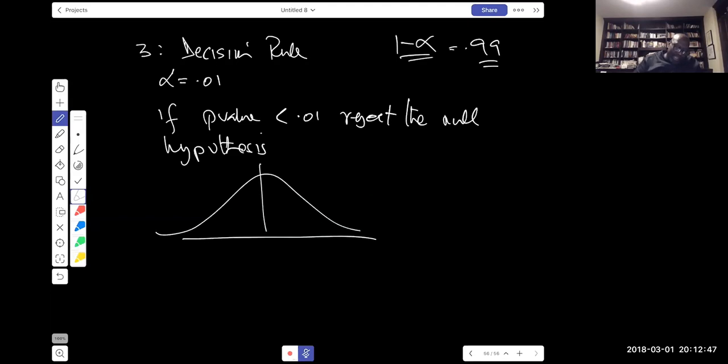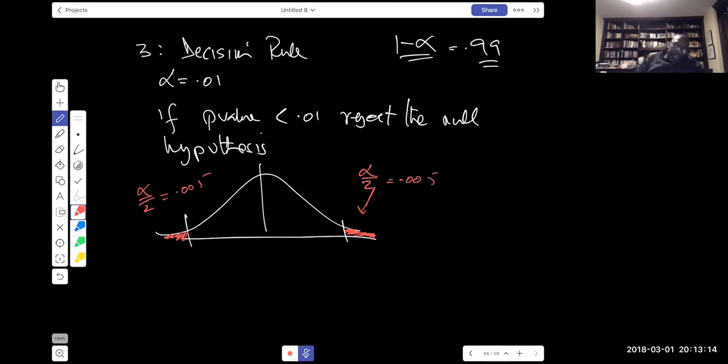So in that case, we would say, here's the rejection region in the tails, and these rejection regions would be alpha over 2, in which case it's 0.005. When I divide 0.01 by 2, it gives me 0.005. Make sense? Yeah.